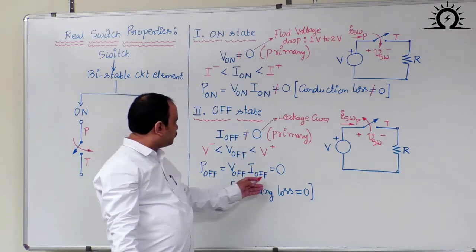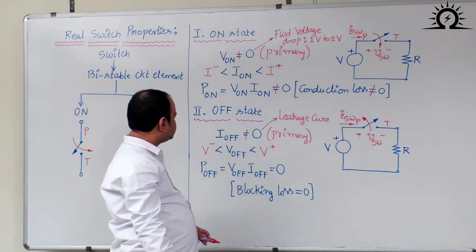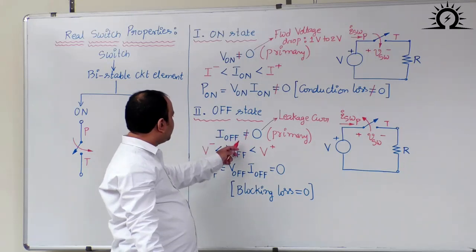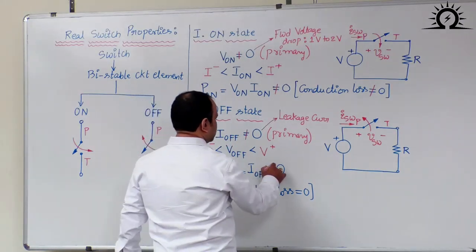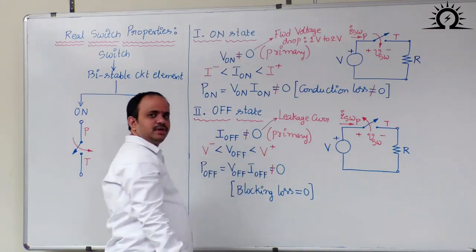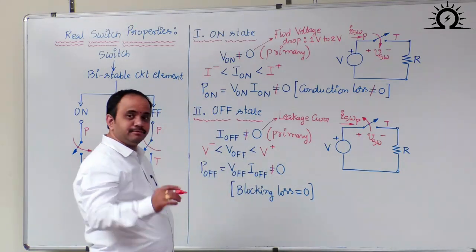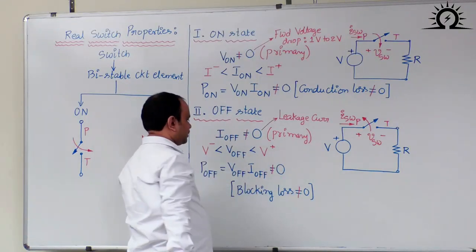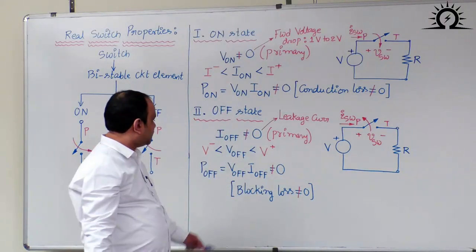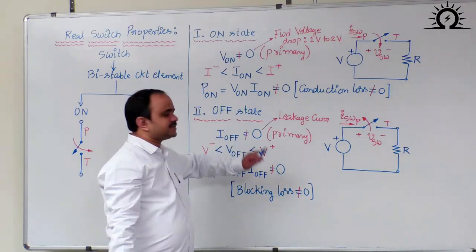So, now you tell me what will be the modification here? Because of finite current and finite voltage drop, this product will also be a finite value. So what is the main contributing factor for blocking losses? That is leakage current.